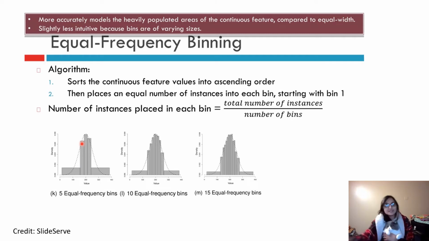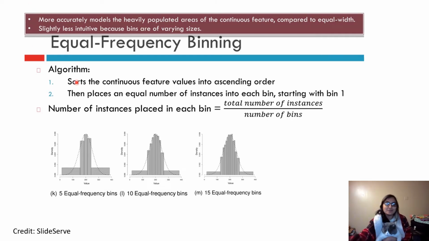You can see that this dotted line is the density, and most of the data is concentrated here. So if we have 5 bins, the bins here are slightly wider. These bins are wider because they need to have more data points.